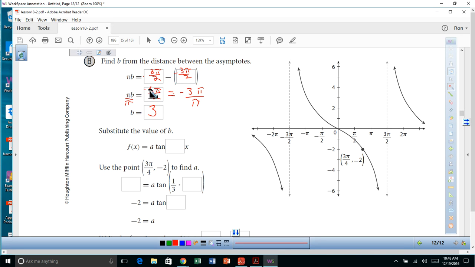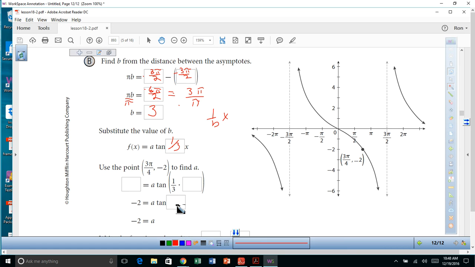Let's do it like that, because that's always going to work. So we got b equals 3. Okay, good. Substitute the value of b. So you got a tangent, and then you got 3x, right? Well, it's not 3x, because remember, it's 1 over bx. So that's going to be 1/3 x.